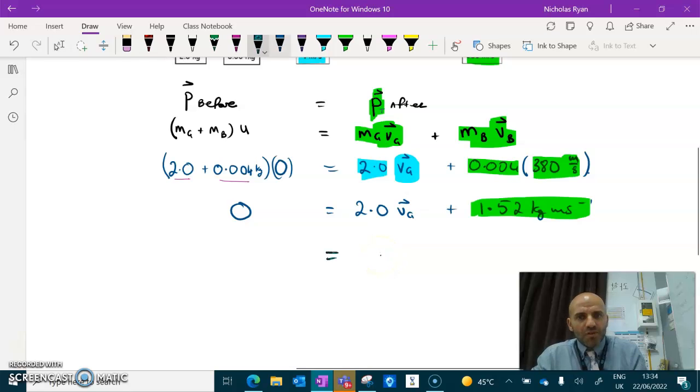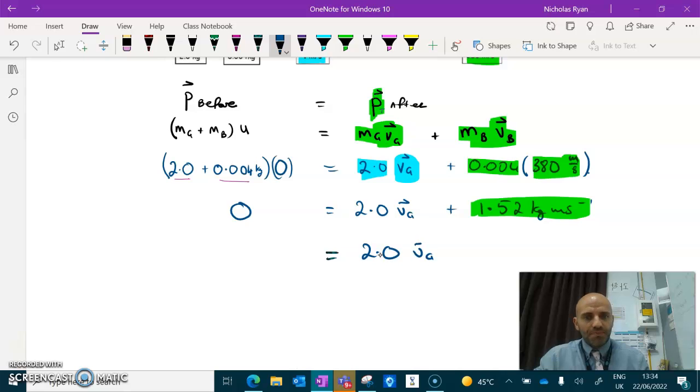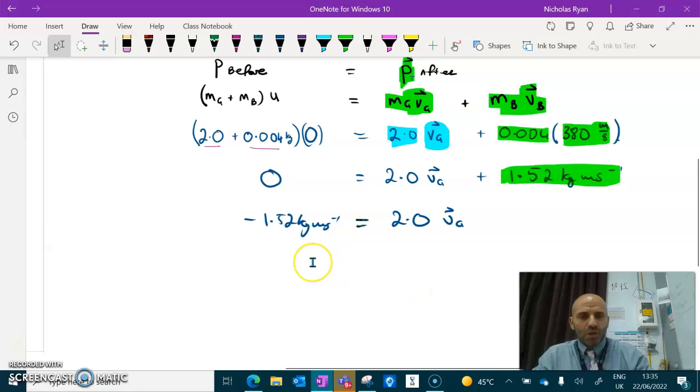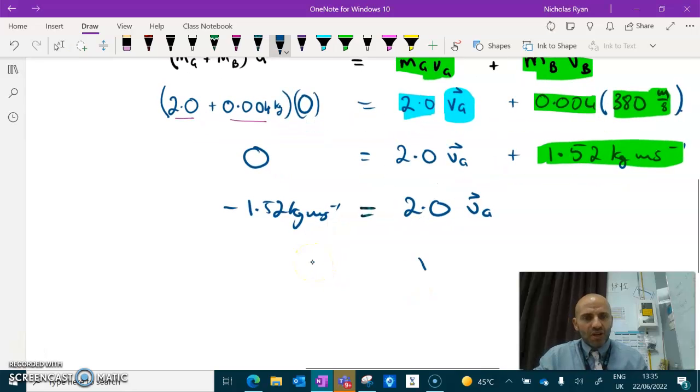So the momentum of the gun is 2 kilograms times the velocity of the gun, and that's going to be equal to negative 1.52 kilogram meters per second. Okay, that's just subtracting that from both sides. The 0 stays where it is. Now all I have to do is divide in order to find the velocity of the gun.